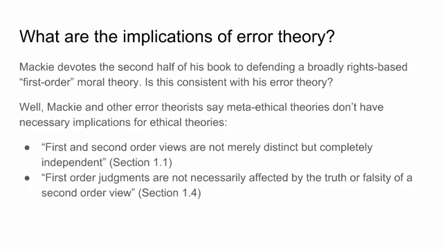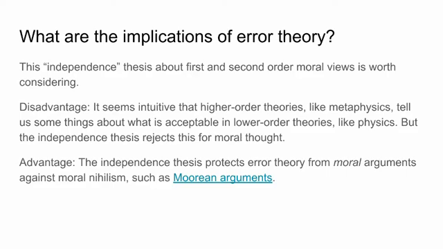And he says further that first-order moral judgments are not necessarily affected by the truth or falsity of a second-order metaethical view. So I would call this an independence thesis, and it's worth considering.